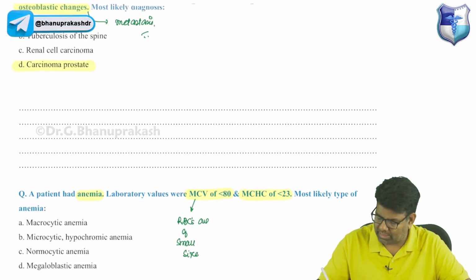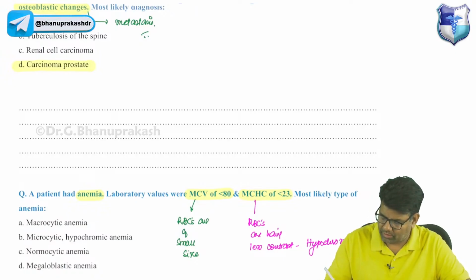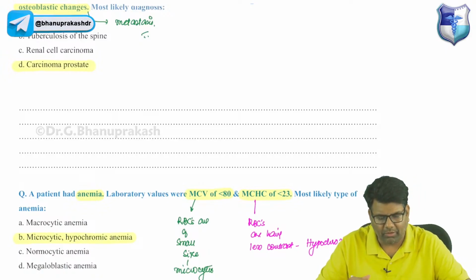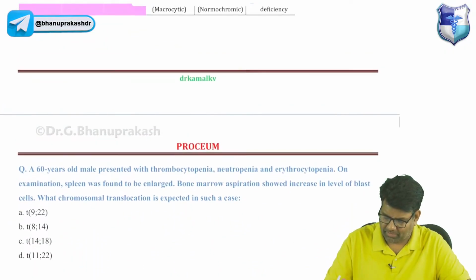If MCHC is less, RBCs are having less color, means they are hypochromic. Here, this is microcytic, this is hypochromic. So the answer will come out to be hypochromic anemia. Yes, everyone is right. This is microcytic hypochromic.